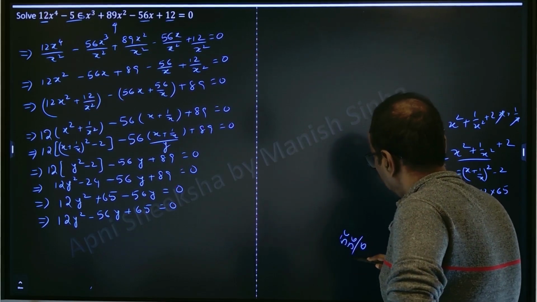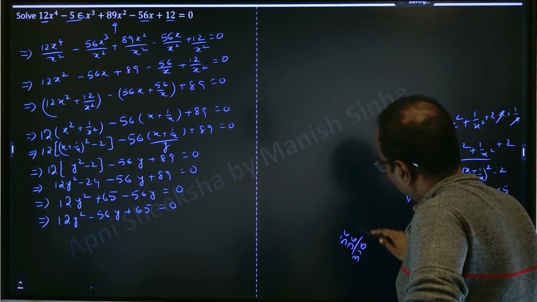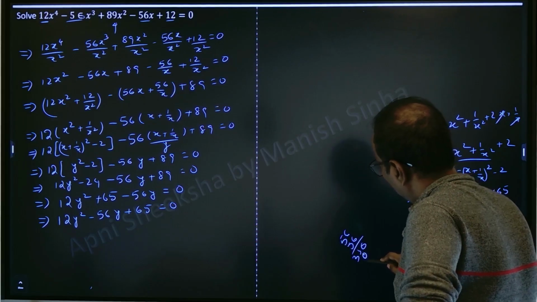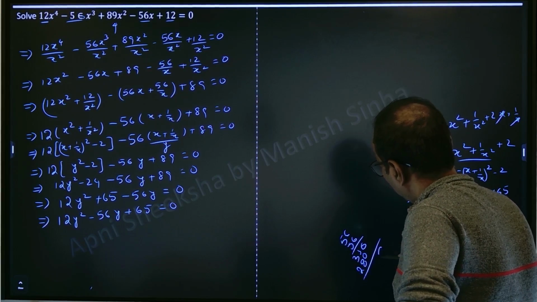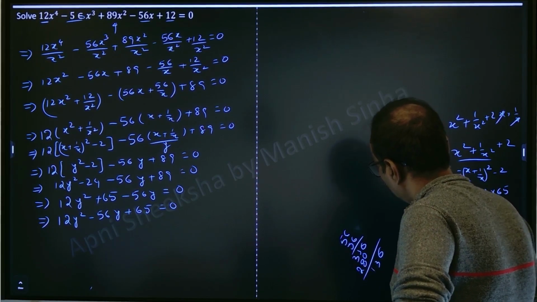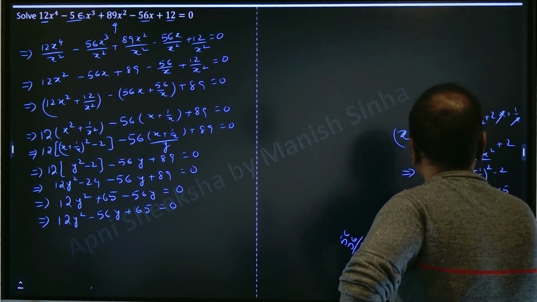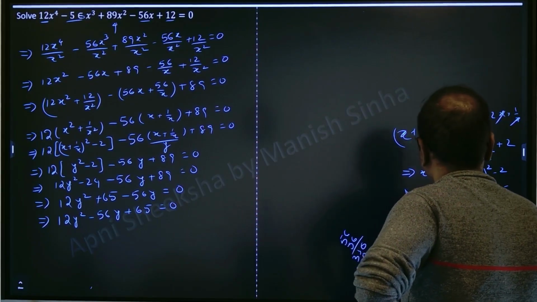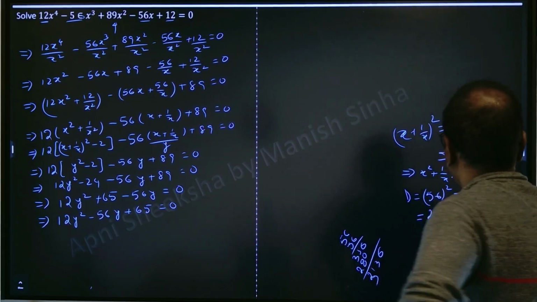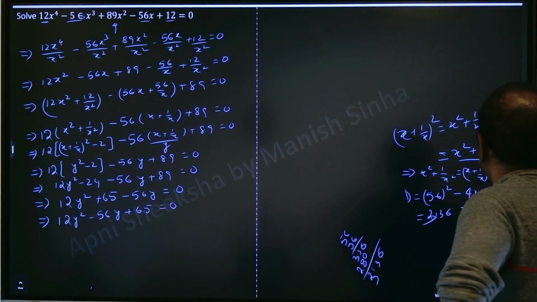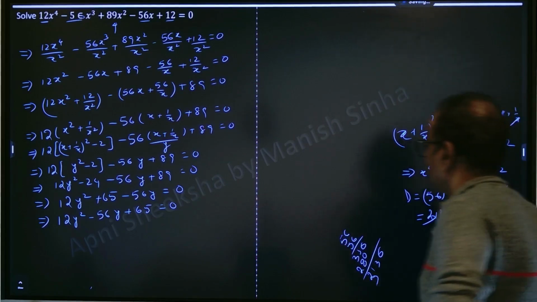It is 3136. 3136 minus 12 into 4, which is 48, into 65.